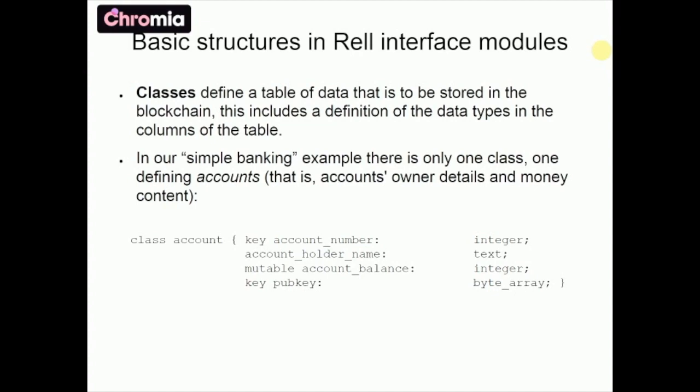That's the identity of the account holder and the amount of cash that's in the account. And the account holder's name and the cryptographic public key that is associated with the account. So that's the only data structure we use for this example, an account.